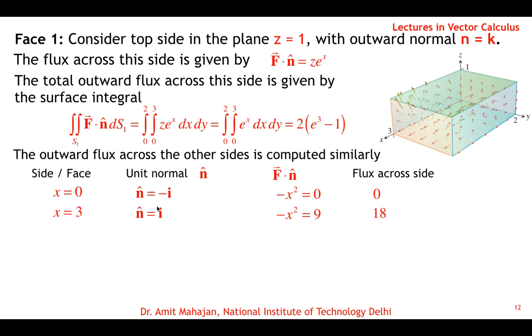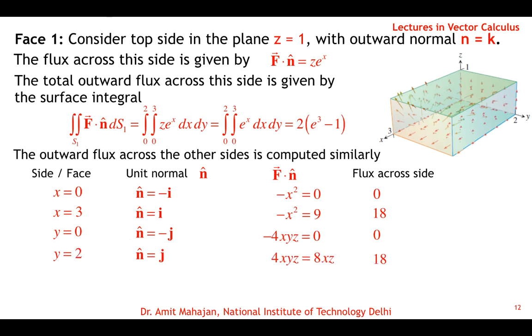Similarly for y equal to 0, this back surface here, the unit outward normal will be minus j. F dot n with the field given is minus 4xyz, and y equal to 0 makes this dot product 0, and so the flux will be 0 because it will be the double integral of 0 dS.